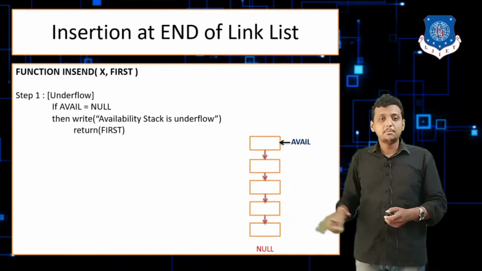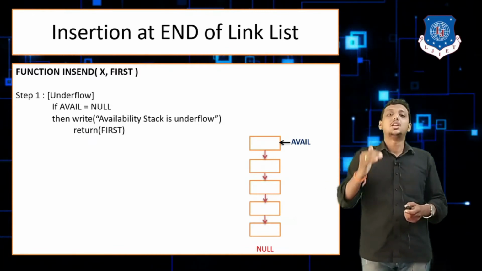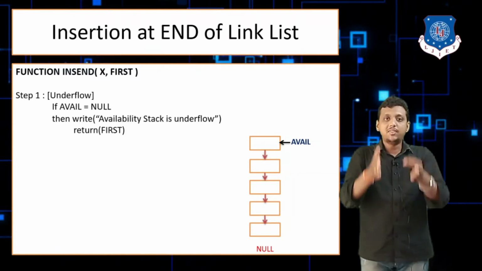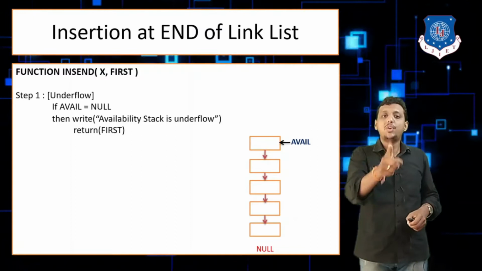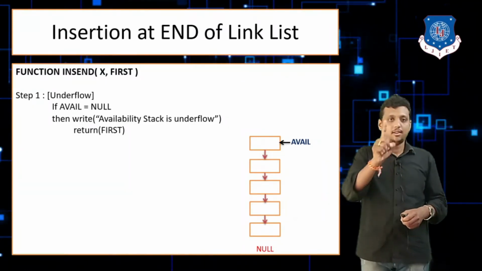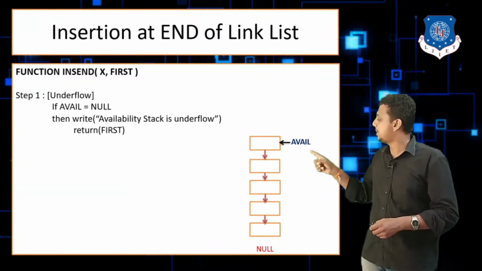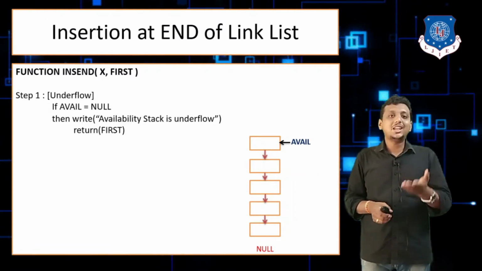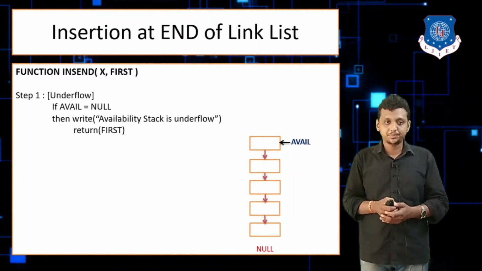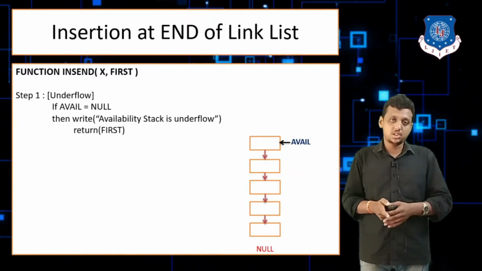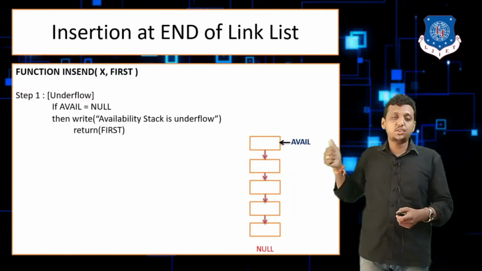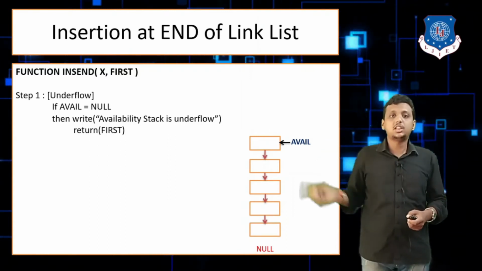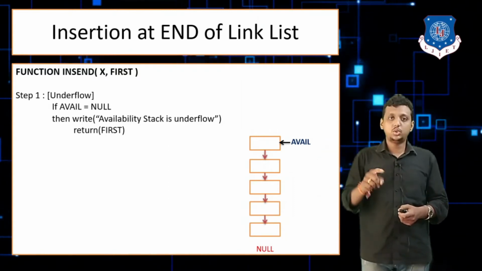When my availability stack is empty, my avail pointer is pointing to null. So the first step is to check whether avail is null. If so, it means the availability stack is empty, and we return first. From this first step, if your availability stack is empty, your algorithm is completed, and you return the value of the first pointer to the end user.